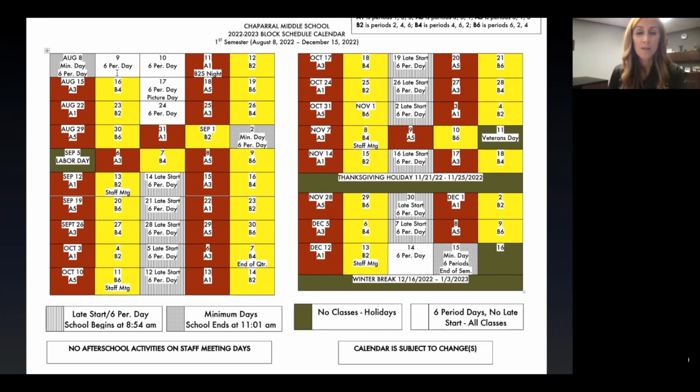Their dismissal time on Tuesday will be 2:05 p.m. On Wednesday, August 10th, that is the same schedule. So your child should plan to see all of their teachers on Wednesday also, meaning they start in first period at 8 a.m. and they will end in their 6th period class by the end of the day, being dismissed at 2:05 p.m.